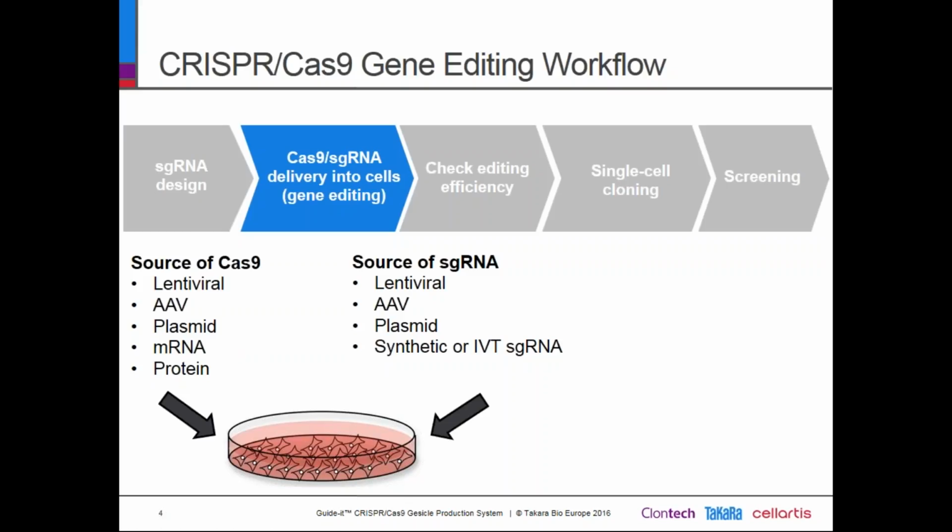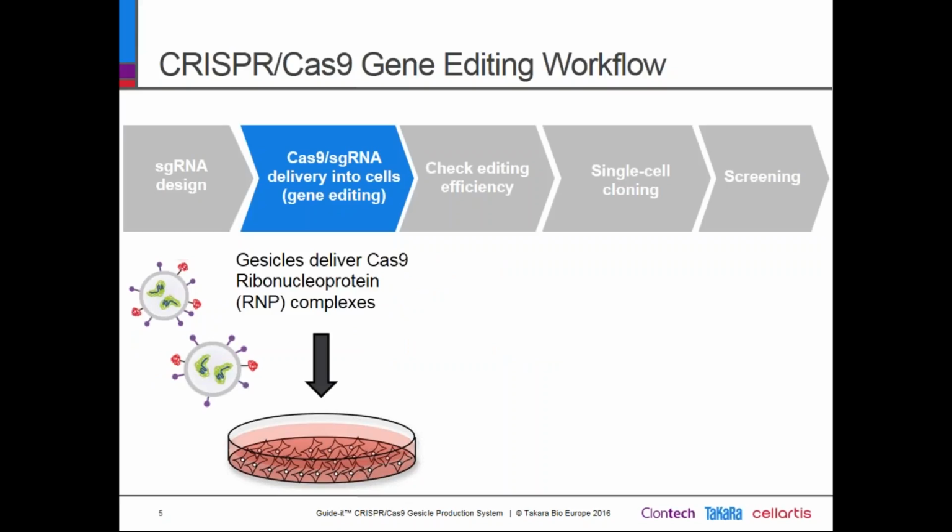And finally, Cas9 can also be delivered as protein, for example using protein transfection or electroporation, and also as so-called RNP complex, so a ribonucleoprotein complex, meaning that the Cas9 protein is already complexed with your target-specific guide RNA. And Gesicles are a novel technology to deliver such Cas9 RNP complexes.